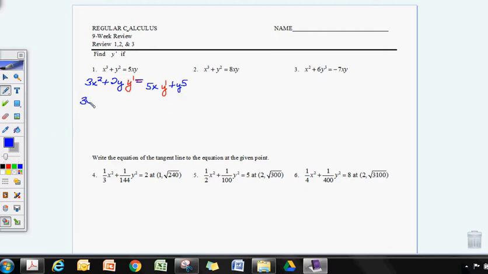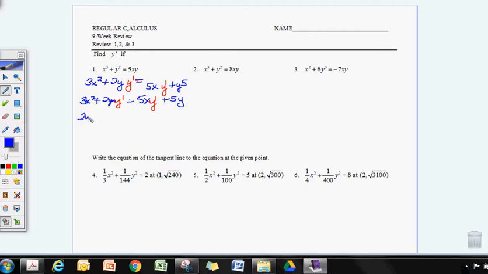So 3x squared plus 2y y prime equals my 5x y prime plus 5y. Okay, so get everything with a y prime on the left side, everything else on the other.